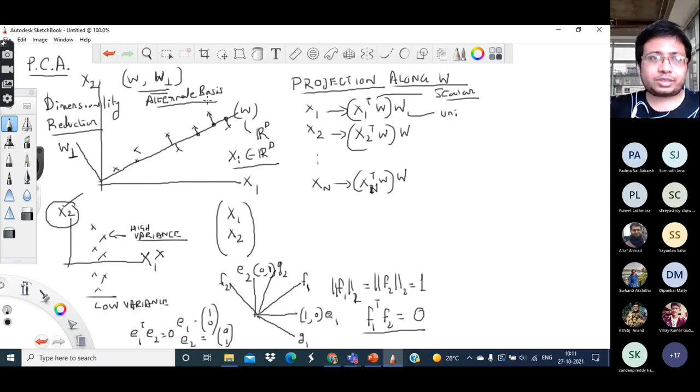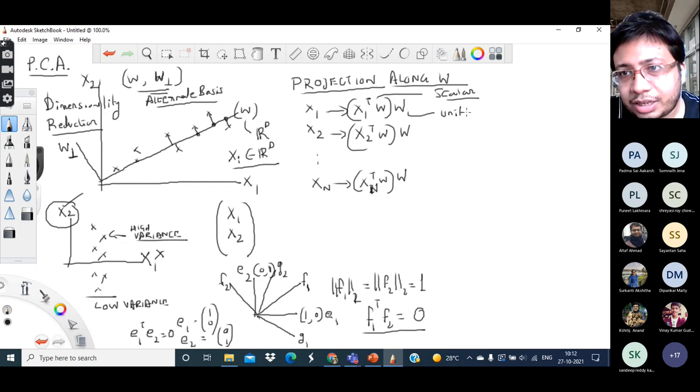Why unitary? Because we have assumed that W and W perp together define an alternative basis for the whole data space, and we have also already discussed that the basis vectors for that space should be orthonormal, which means that they are unitary and they are perpendicular to each other. So this is a unitary vector.